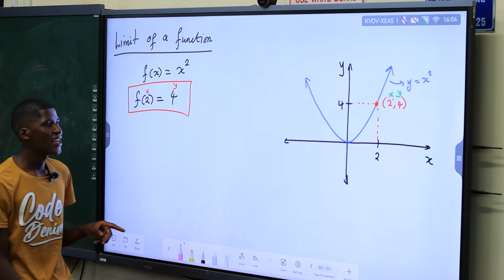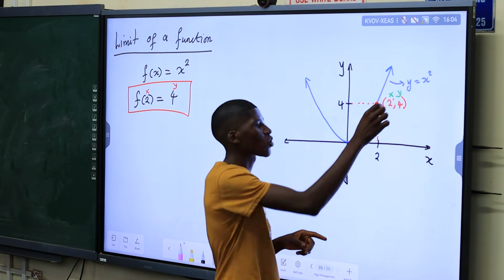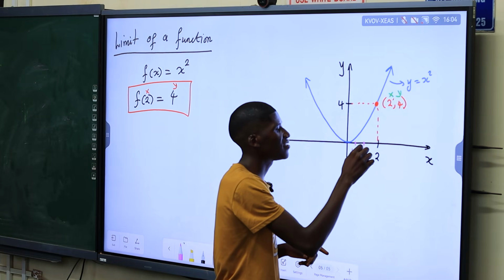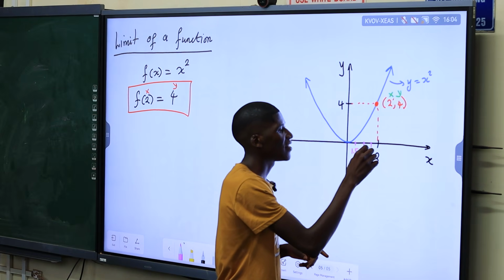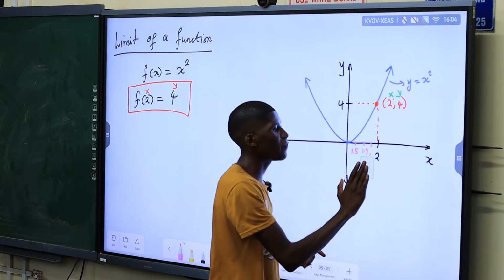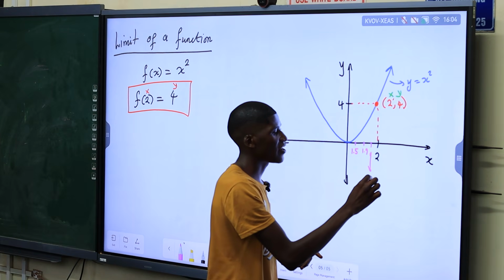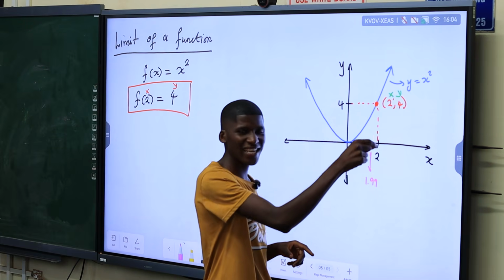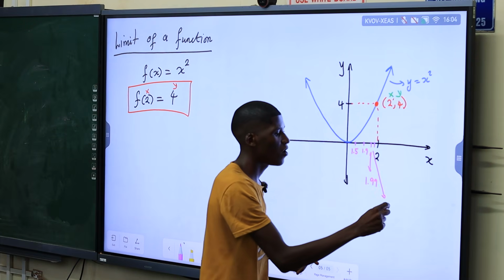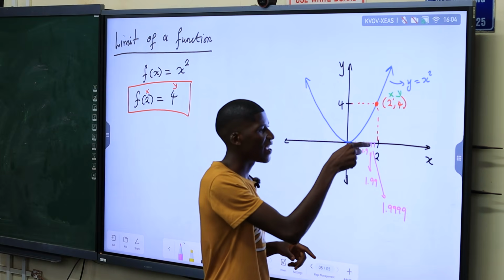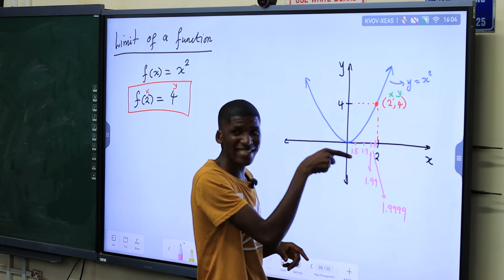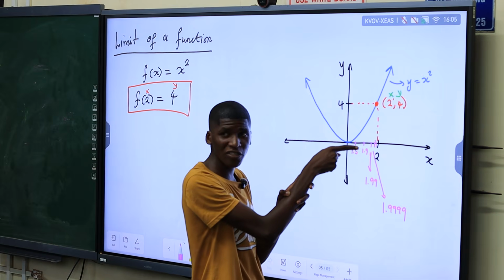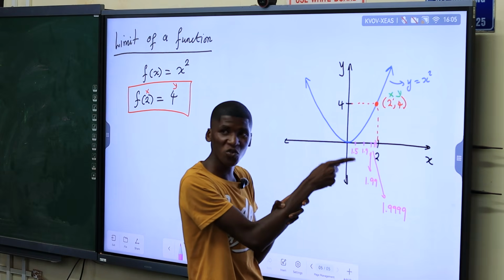Let's now see. Let's say maybe I use this rule. Let's say this is 1.5. This is 1.9. This is 1.99, 1.999, and then we get closer again, 1.9999. So we are getting closer to 2 on the x-axis, approaching 2, but we have not reached 2.